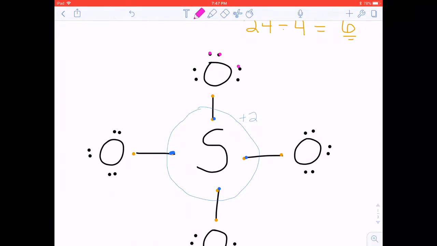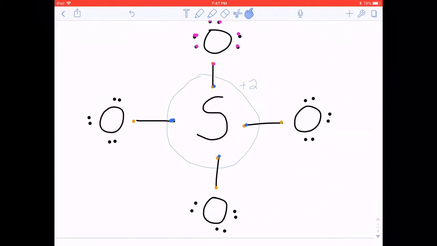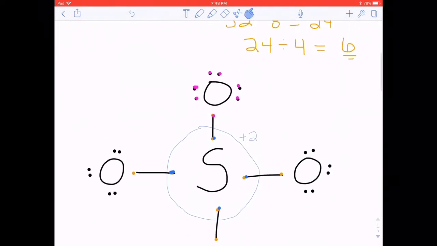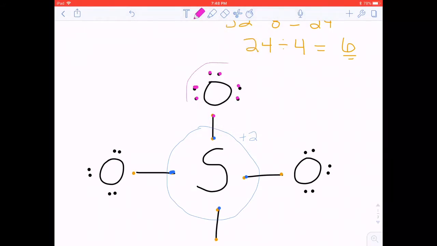And then you count how many are in the bonded atom, and that's 7. So you do 6 minus 7, and then you get a charge of -1. So all of these oxygen atoms, because they have the same number of valence electrons, are going to all have a charge of -1.